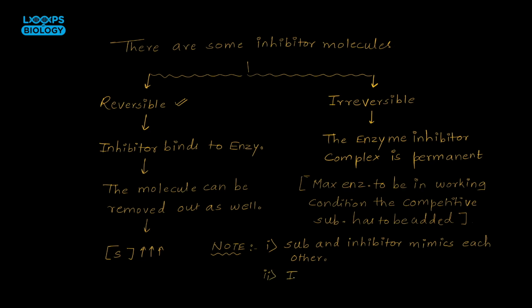While in some cases, the inhibitor forms the same number of hydrogen bonds as the substrate. So however many hydrogen bonds the substrate is going to form with the active site of the enzyme, the same number of hydrogen bonds are formed by the inhibitor as well. Got my point? So this was a case of inhibitor molecule.